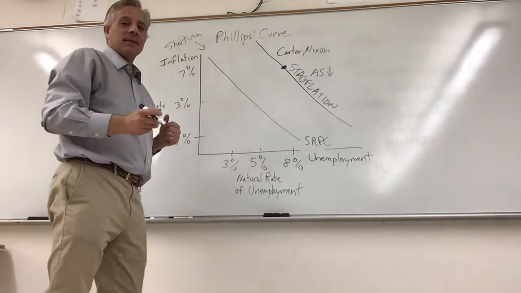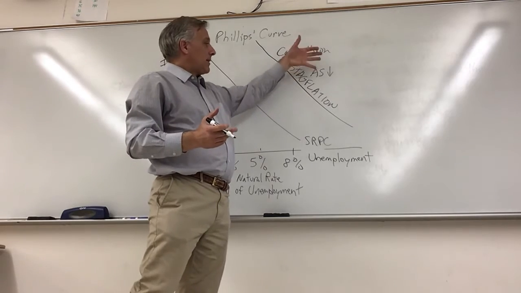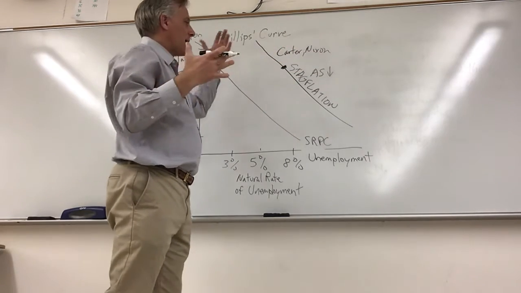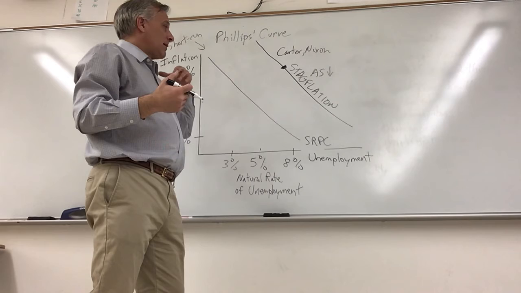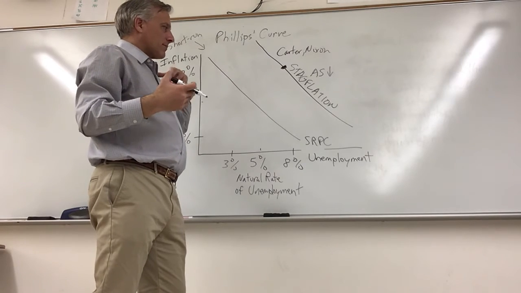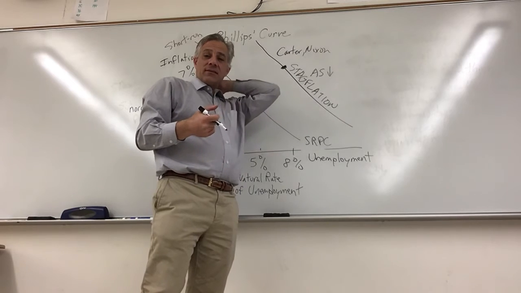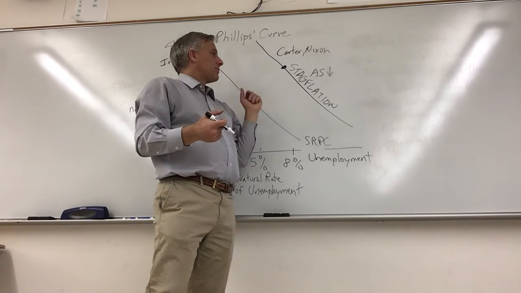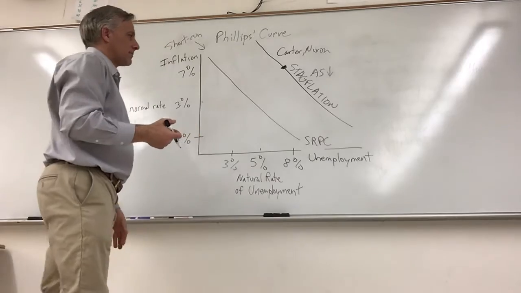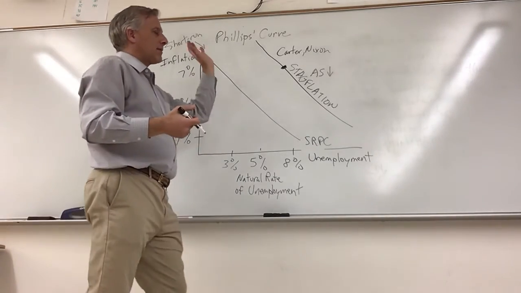And stagflation, as we know, is a decrease in aggregate supply. If you didn't know that, then just review. But decrease in aggregate supply, high energy prices, too much government regulation, too much corporate taxation, a lot of negative things.